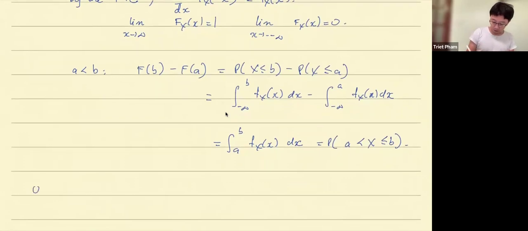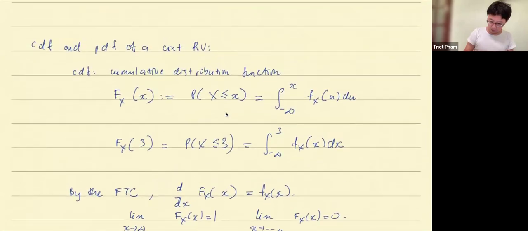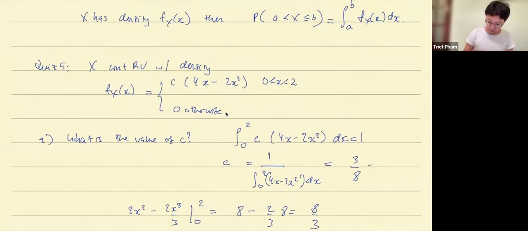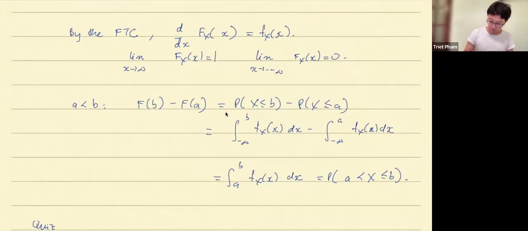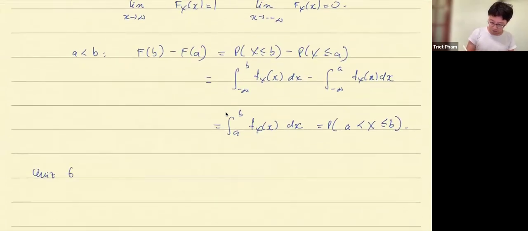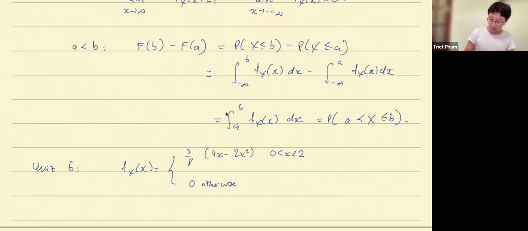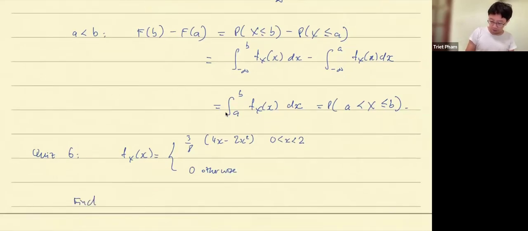For example, this is quiz 6. Let's look at the PDF that we just found: 3/8 times (2x minus x squared... 2x squared). Find the PDF, find the CDF function.